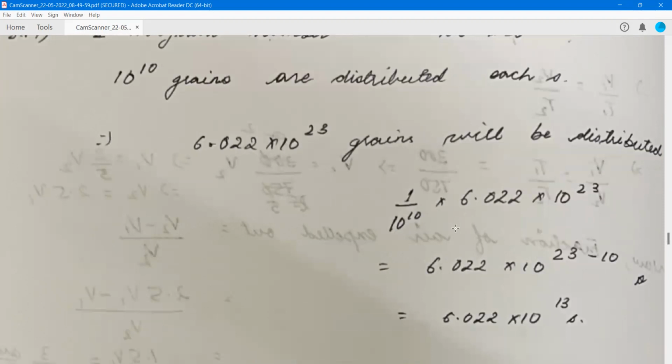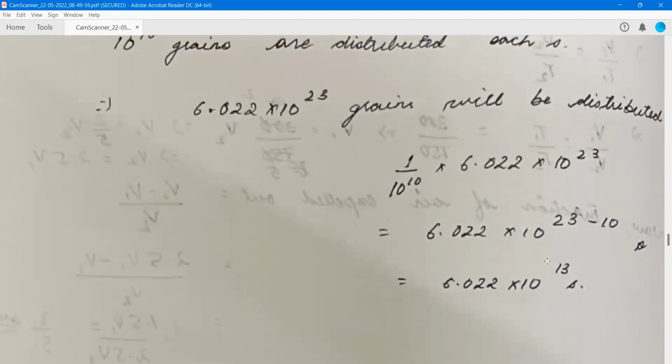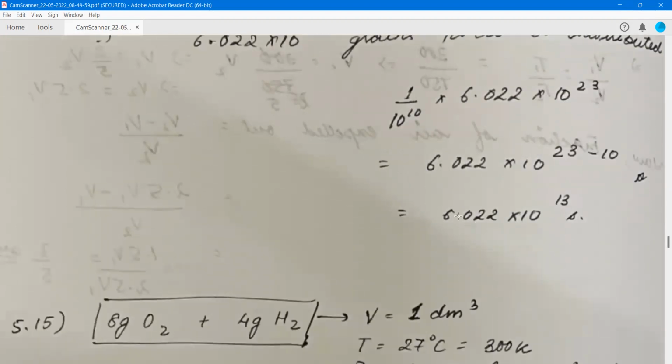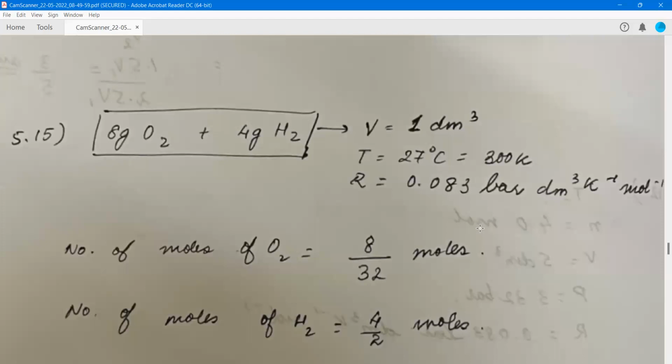That will give you the number of seconds you need to distribute the Avogadro number of grains, and the answer will be 6.022 into 10 to the power of 13 seconds. It was just a simple unitary method to solve the question.